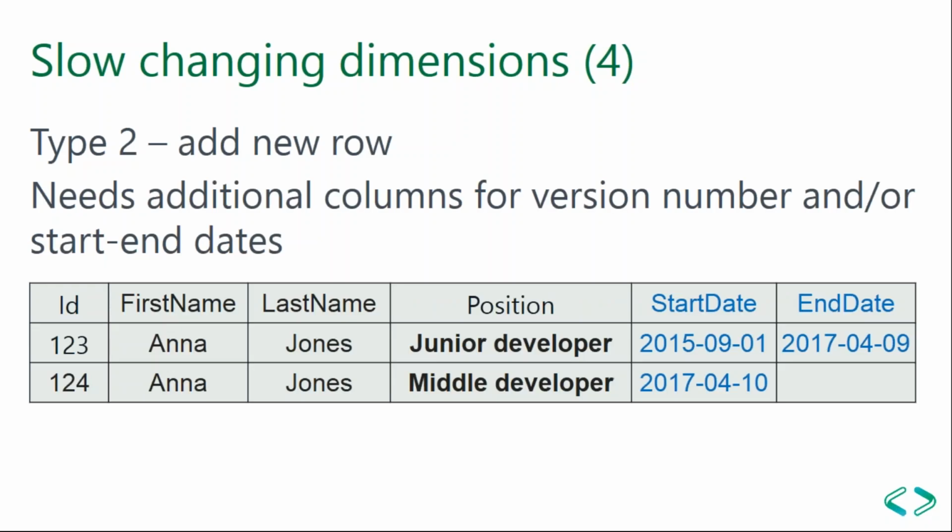Type 2, okay. We store all versions of the data. So one row for junior developer, the second row for middle developer. Good.